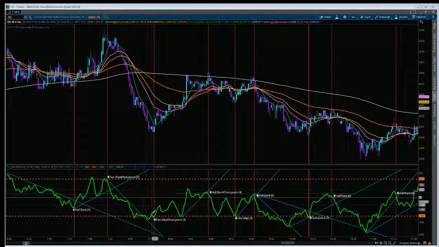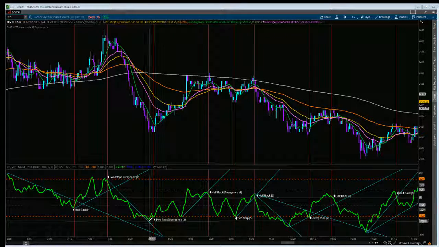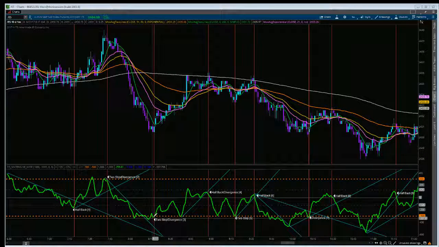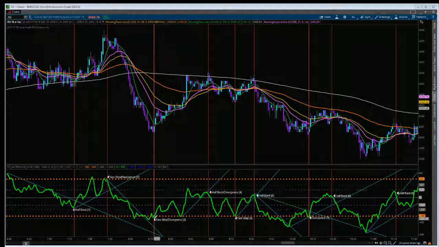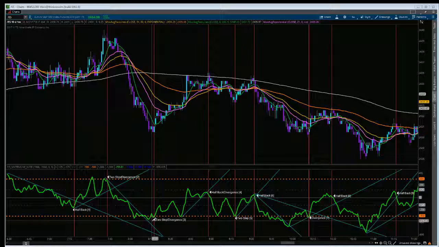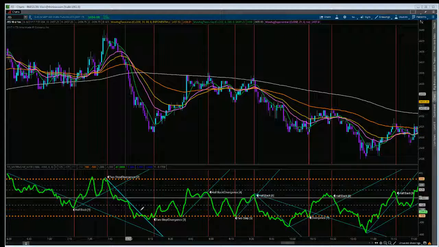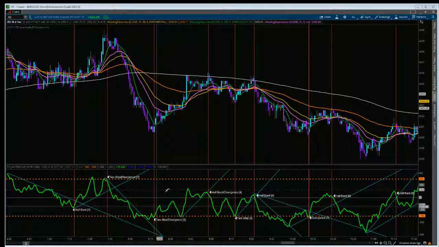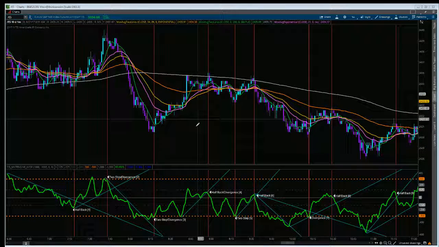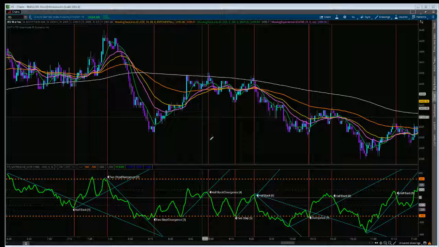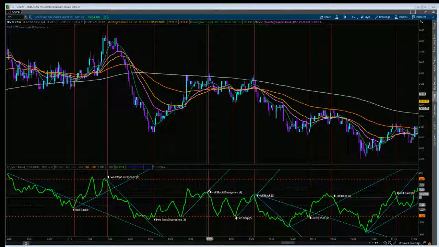The two-step works in a similar fashion. Here we've got a two-step, but it's also with a divergence. The divergence, I'll give another example of that in a moment. But here it comes, you draw this, it breaks above it, gives us the two-step, and off it goes. Heads all the way back up there. Here's a divergence and a halfback over at this spot right here.